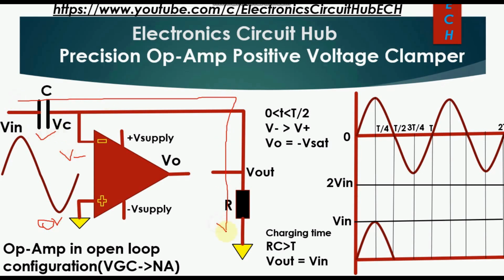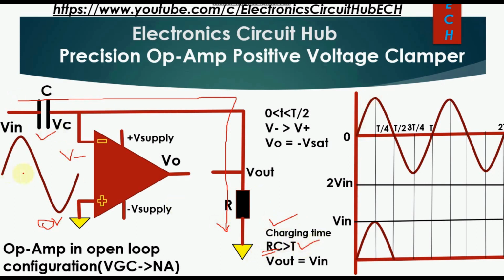Your capacitor is ready to charge since you are applying a time varying signal here. Since the value of R is very high, the charging time is very high. The time constant for capacitor charging is RC, and this RC is very high compared to the time constant of your input signal.